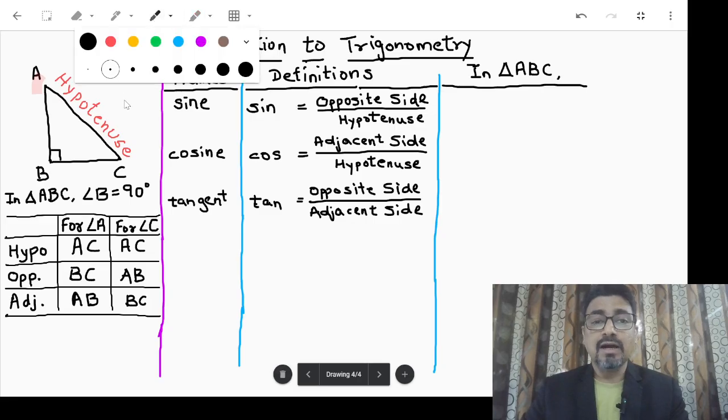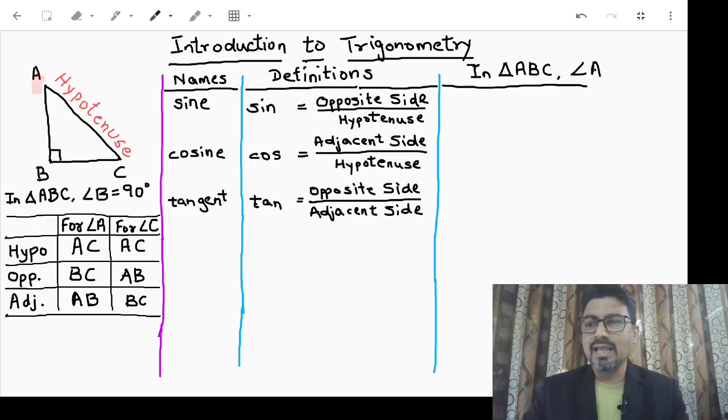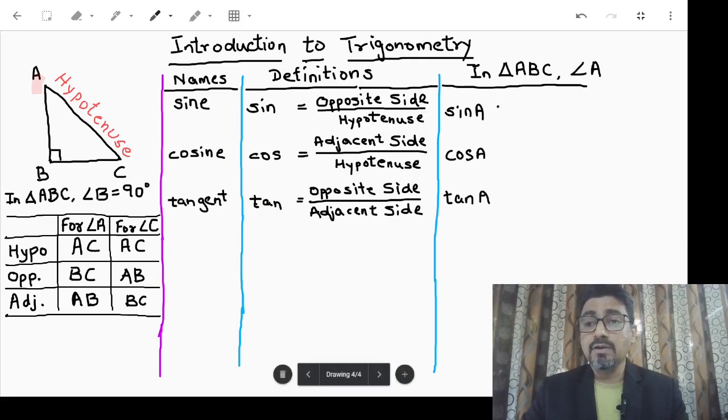Now let us write down the values of sin, cos, and tan for the first acute angle. We'll consider that acute angle as angle A. So we will write the values, which side upon which side, for sin A followed by cos A and then tan A. Now sin A, sine we have just defined as opposite side upon hypotenuse.